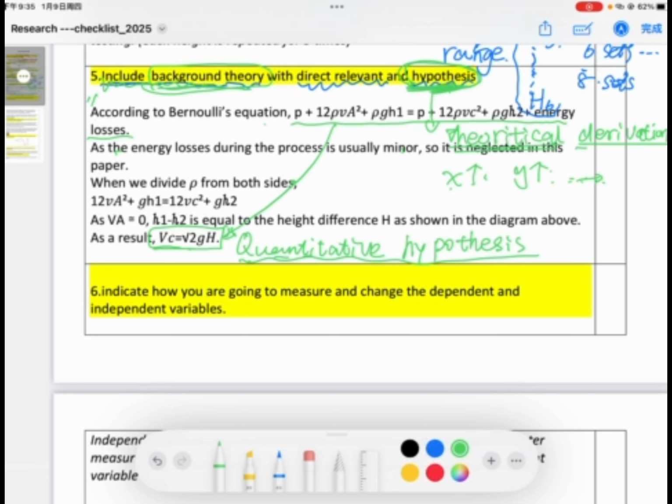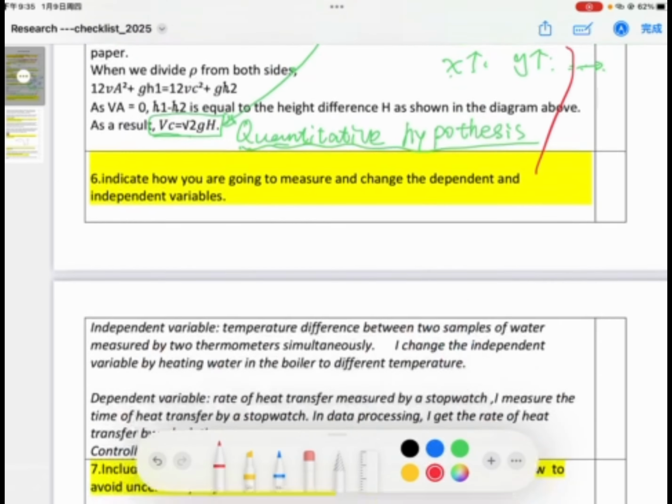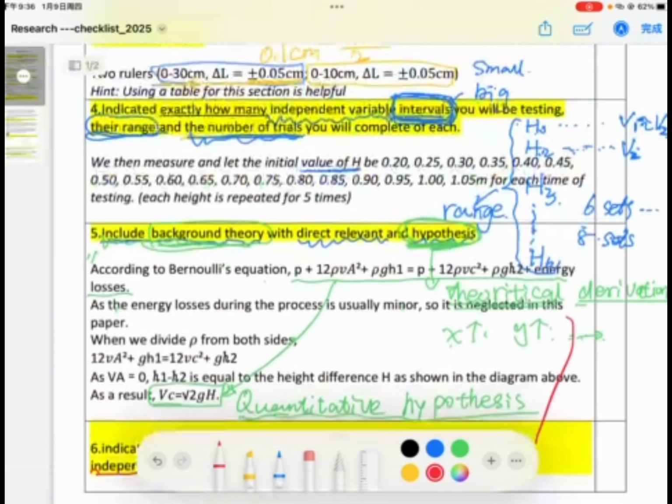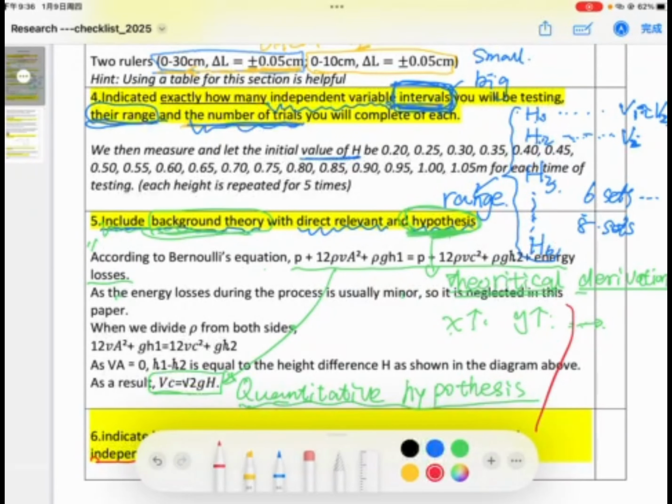Okay, and number 6. Indicate how you are going to measure and change the dependent and independent variable. This is obviously the most important thing in your design, right? So your purpose is to get h1, v1, h2, v2, and of course you need to talk about how to change h.